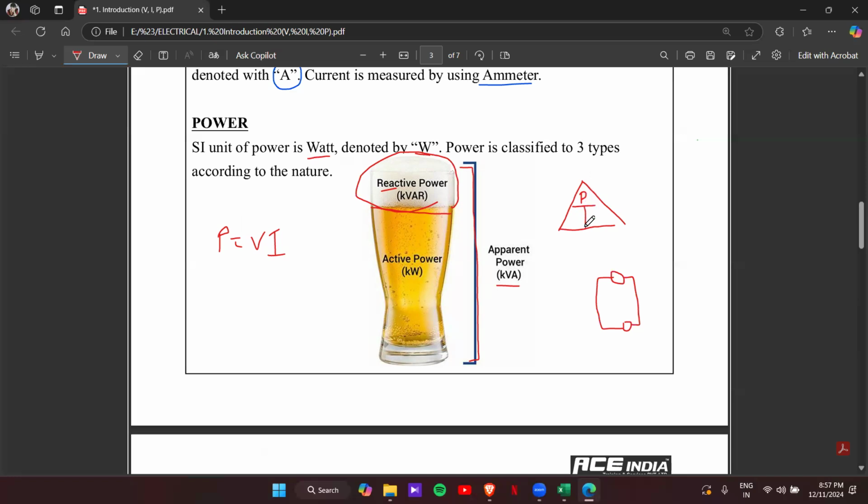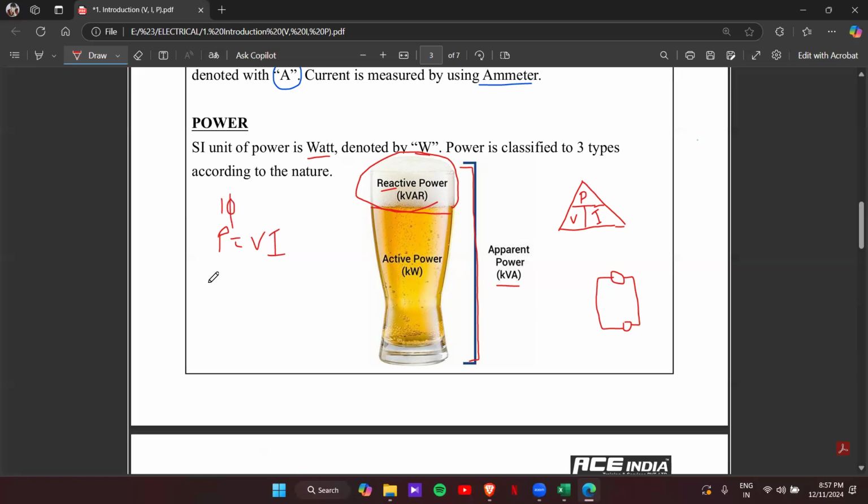If you are finding the power, P is equal to VI. If you want to calculate voltage, V is equal to P by I. And if you are calculating the current, I is equal to P by V. That's how you can easily formulate the equation. So P is equal to VI, power is equal to voltage into current. This equation we'll use for single phase connection.